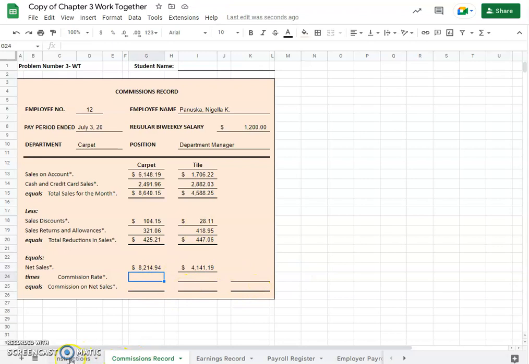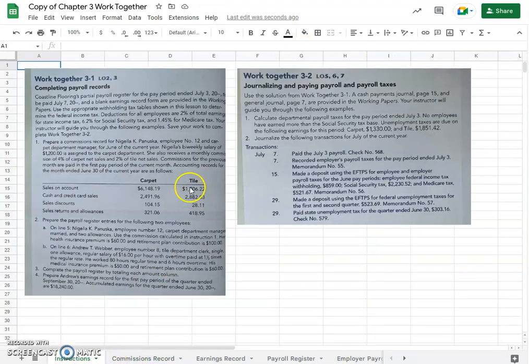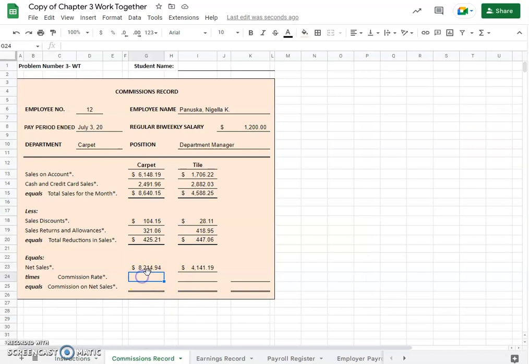Okay, our commission rates, if we looked back at our instructions, monthly commission of 4% on carpet and 2% on tile. So it would be 4% here and 2% there.